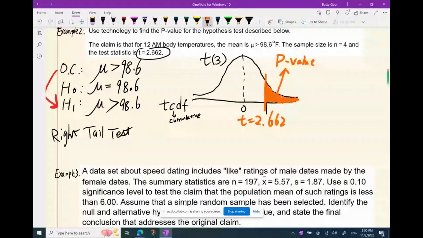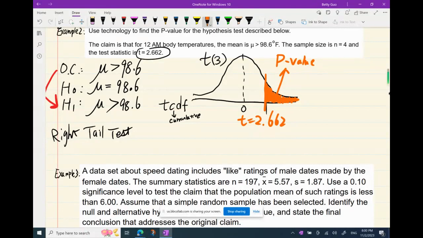Cumulative function. All right, let's go to the calculator. Turn on your calculator. Let's go to the second verse. My calculator is number 6, TCDF.